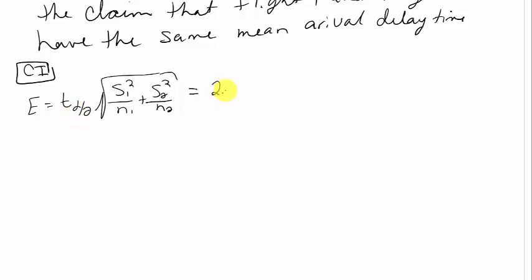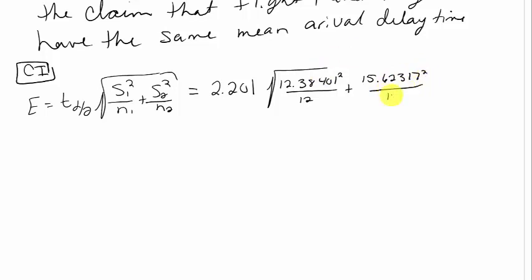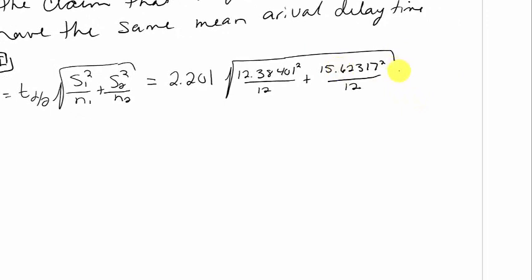For this problem, that's 2.201, and then times the square root of 12.38401 squared over 12 plus 15.62317 squared also over 12. When you compute this using your calculator, you should get 12.6686.